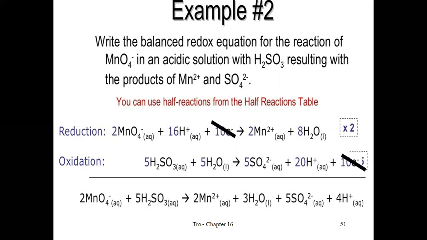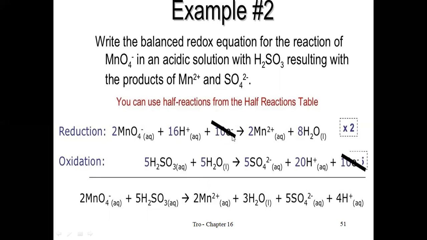next, write the balanced redox reaction of MnO4- in acidic solution with H2SO3, resulting in the products Mn2+ and SO4^2-. What I have to do is separate the reduction reaction and the oxidation reaction. Then balance the H+ ions and oxygen by adding water and H+. Same with the oxidation reaction.